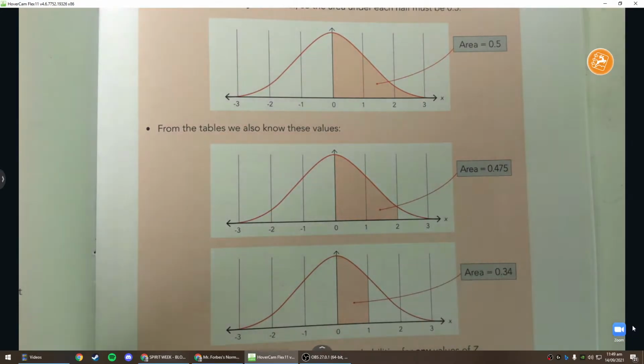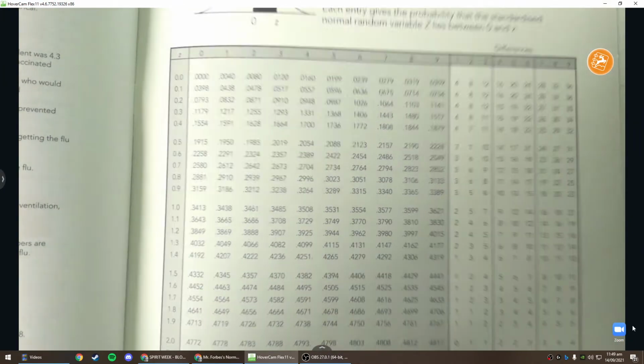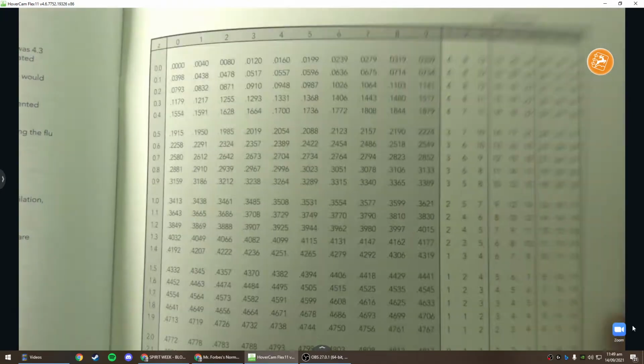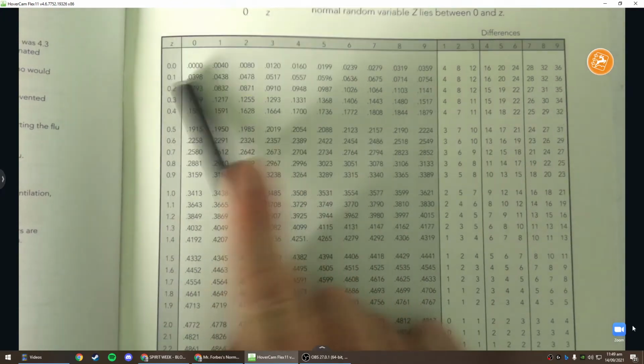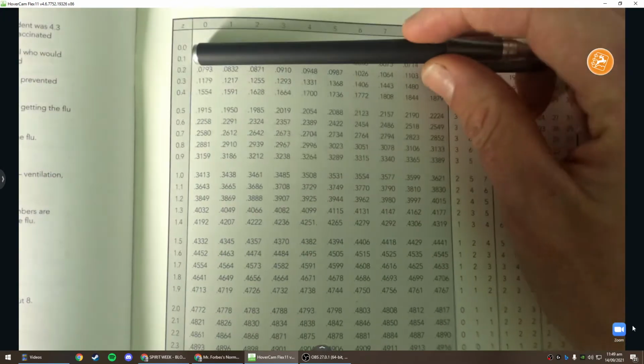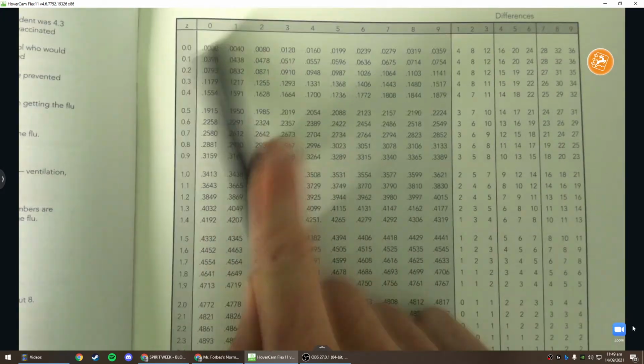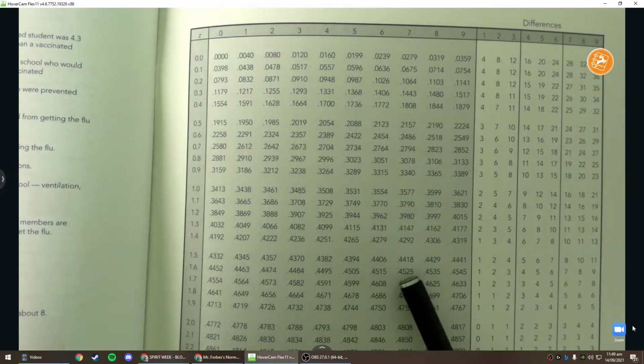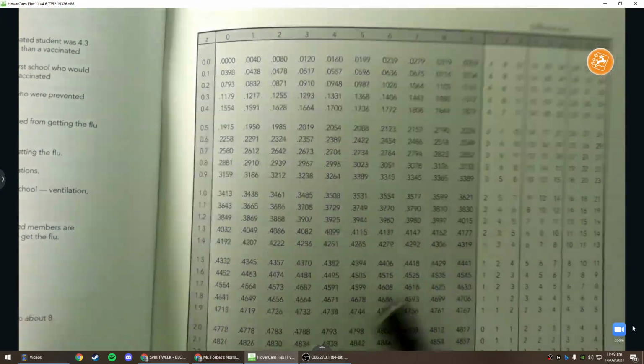What they actually have done to get that value is they've gone to a z table, and this table is what we're going to start looking at. This table helps us to find any probability from our z table accurate to 3 decimal places.